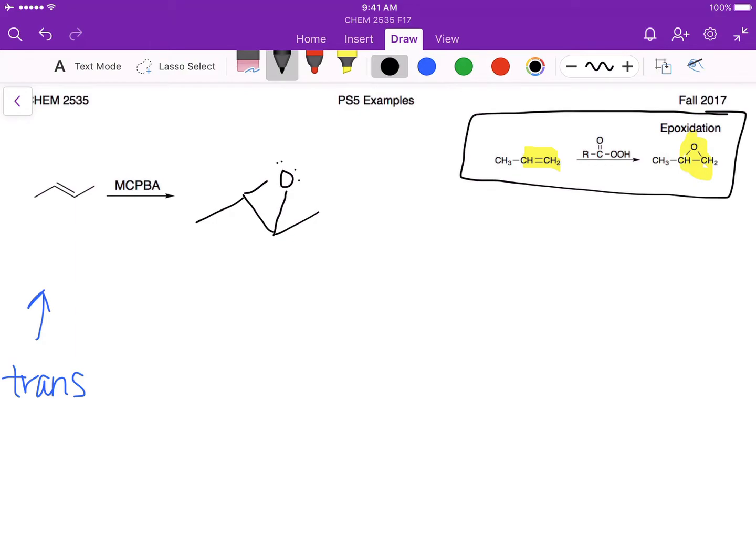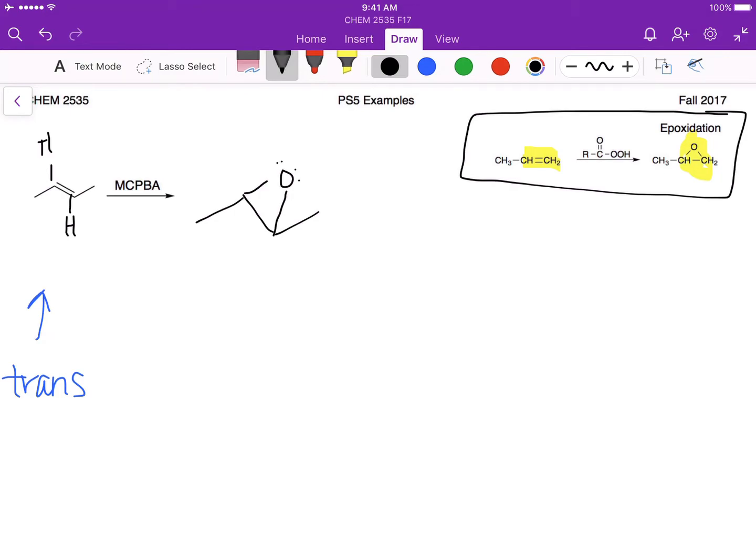That's still showing that we have a trans product, but a way I think about this that makes a little more sense is to show these using wedges and dashes. That way you can clearly see if the groups are trans to each other or if they're cis to each other. But first, remember with this reactant that we do have hydrogens that are not being shown on the bond line diagram like so.